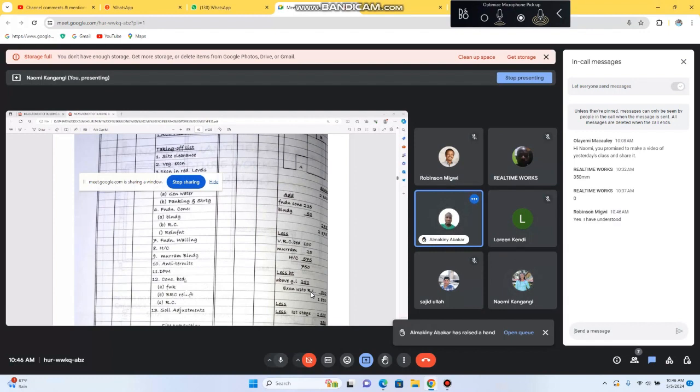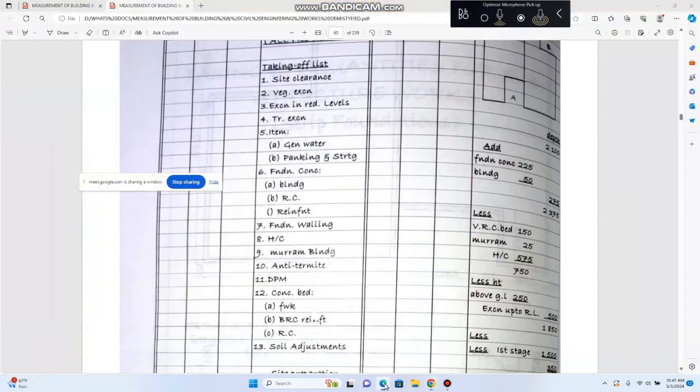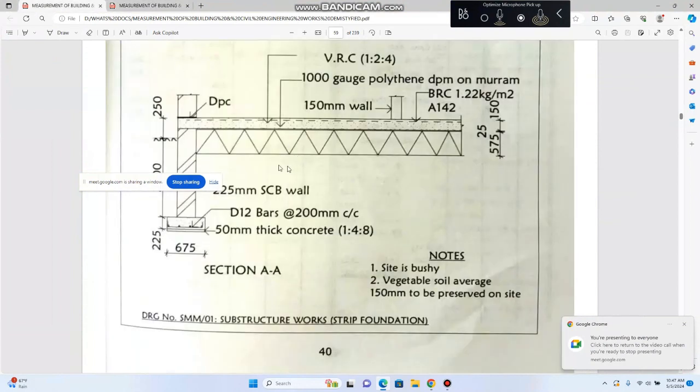7 and 8. Okay. Foundation walling and hardcore. Foundation walling, we have to construct walls inside the foundation. You see the walls that you see above the ground? Most of them have a foundation. They exist also in the foundation. How do you know? It's through the section. If you look at the drawing here, this is the ground level.